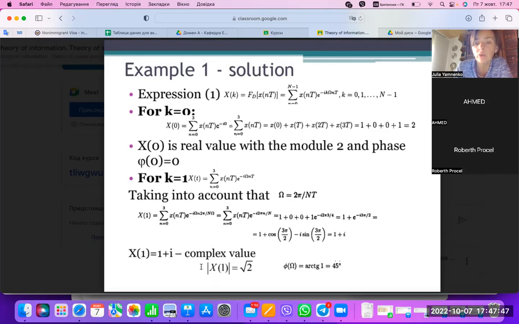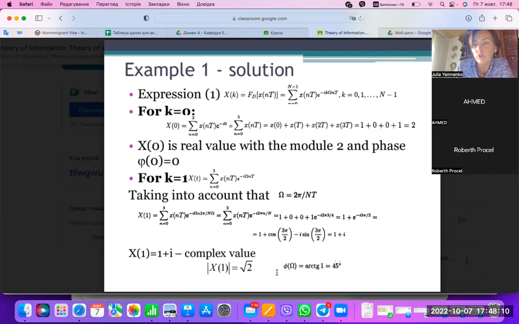And here it's possible to calculate the module that will be equal to square root of 2, because the real part is equal to 1 and the imaginary part is also equal to 1. So the module will be the square root of the sum of squares, real part squared plus imaginary part squared. So square root of 2.